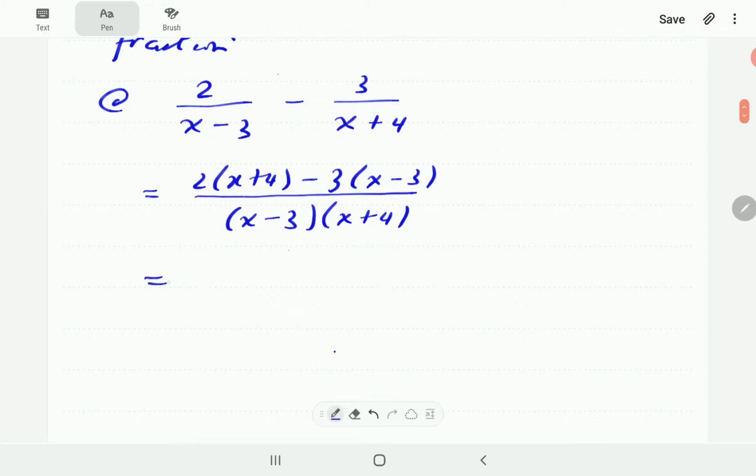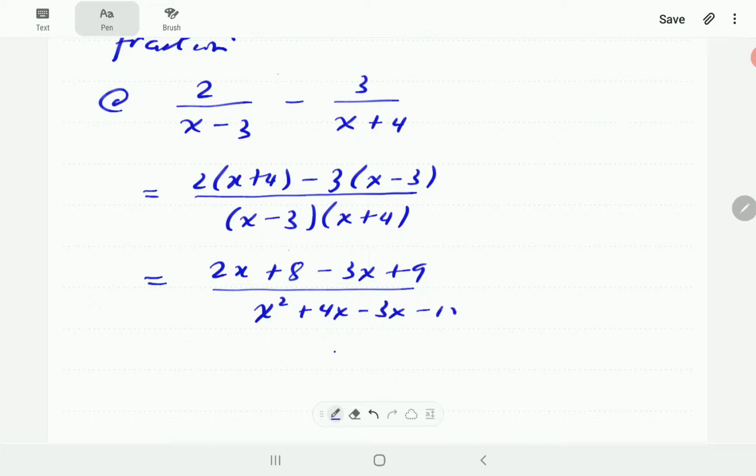Then if we remove brackets in both the numerator and denominator, we are going to have 2x plus 8 minus 3x plus 9 in the numerator. The denominator, we're going to have x squared plus 4x minus 3x minus 12.